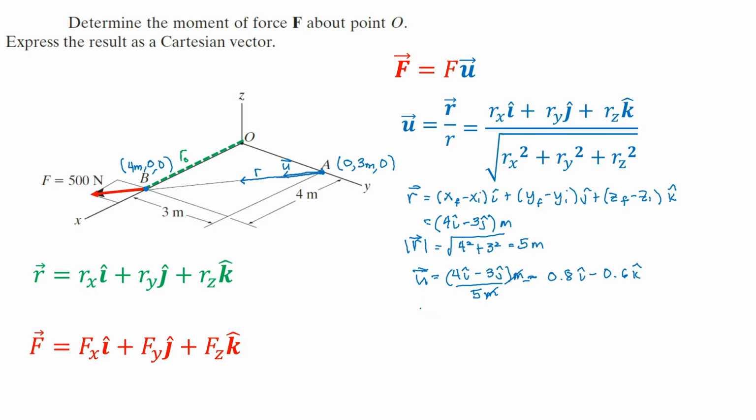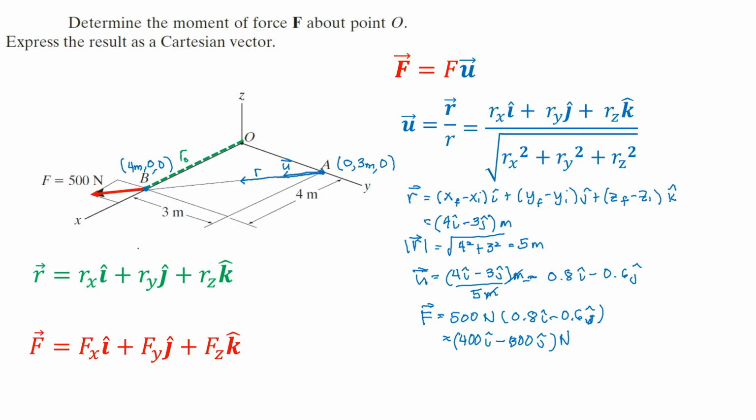Let's solve now for our force. Our force is equal to 500 Newton times 0.8 i hat minus 0.6 j hat. So 500 times 0.8 is 400 i hat, then 500 times 0.6 is negative 300 j hat, and the unit of that is Newton.